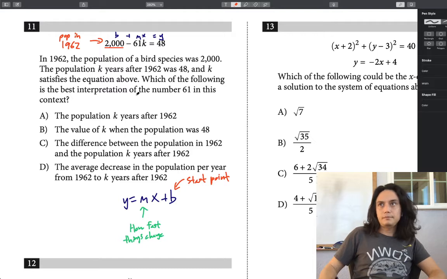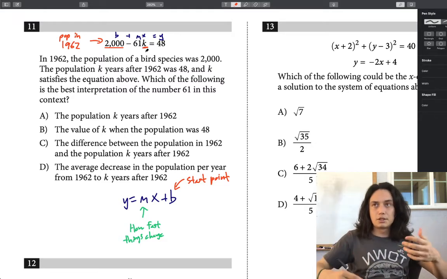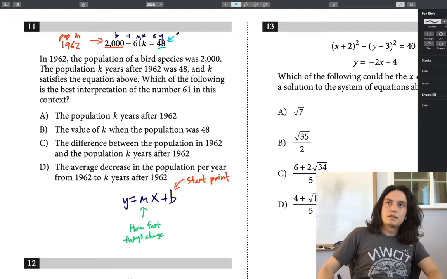That's this. The population K years, so K is the number of years that go by. Every year that goes by, the population of birds changes. The population K years after 1962 was 48. So here the end result, after some amount of years, this was the population after a bunch of years.